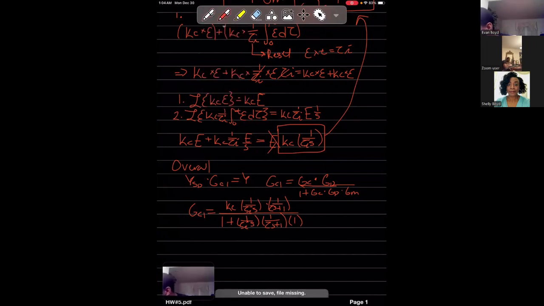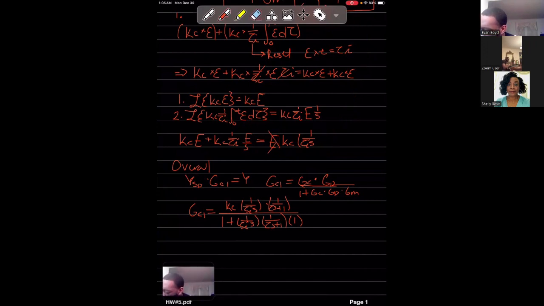When I was about to start the amplitude ratio, I felt like I was missing a term, which I actually was. So for our controller, since we factor out the KC in the error like we did earlier, we actually have one plus something else. So one plus one over tau I of s.